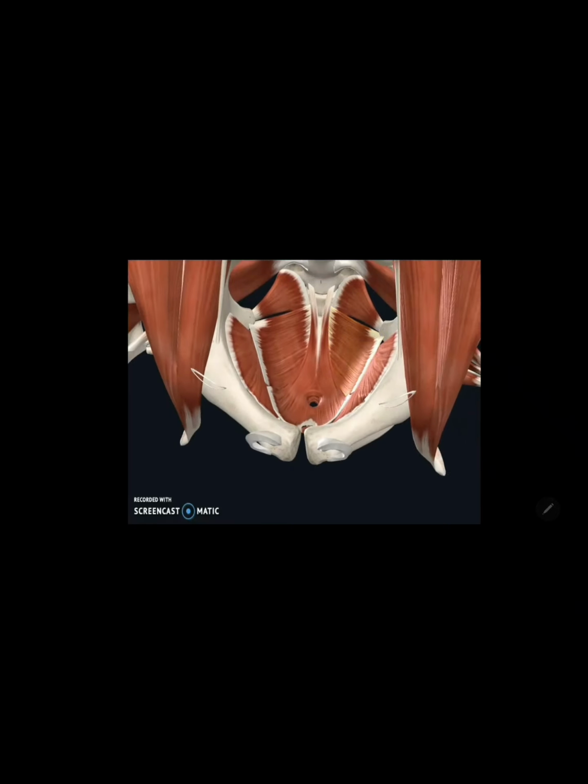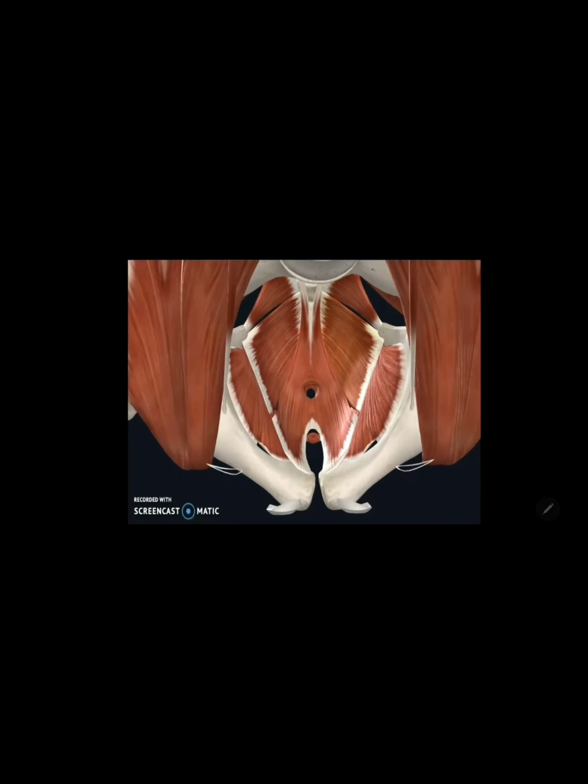That is the iliococcygeus part of the levator ani, and the pubococcygeus again has different parts surrounding the different openings. Around the vagina it is called pubovaginalis, around the bladder pubovesicalis, around the rectum puborectalis, and around the anal canal puboanalis.